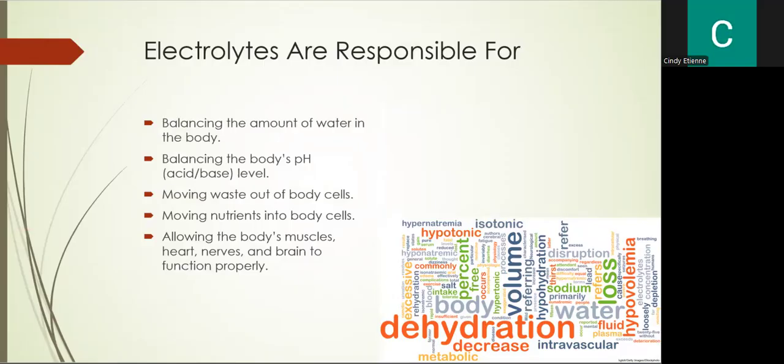Electrolytes do more than maintain fluid balance. They help regulate how much water stays inside and outside the cells. They maintain the body's acid-base or pH balance and allow nutrients to enter cells while waste products leave. Most importantly, electrolytes generate the electrical signals needed for muscle contractions, nerve transmission, heart rhythms, and brain function, especially with sodium.